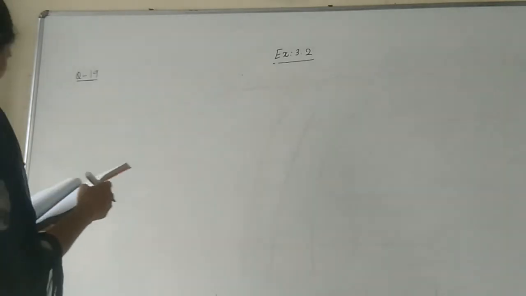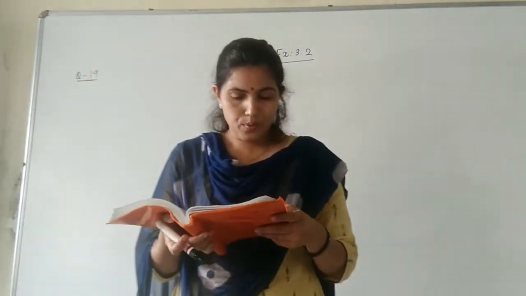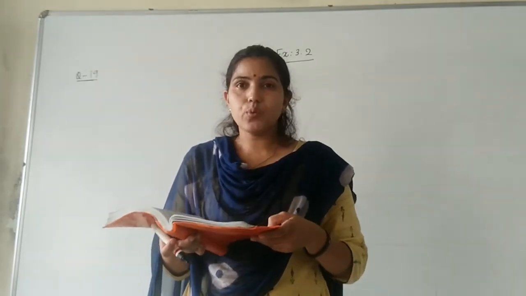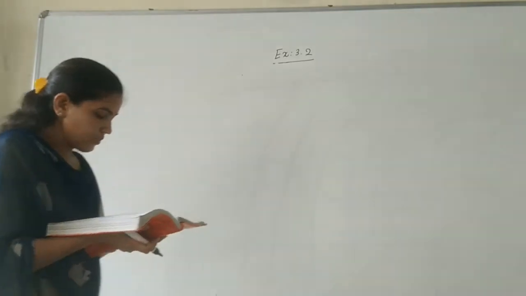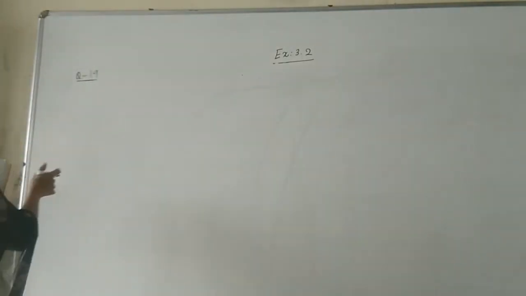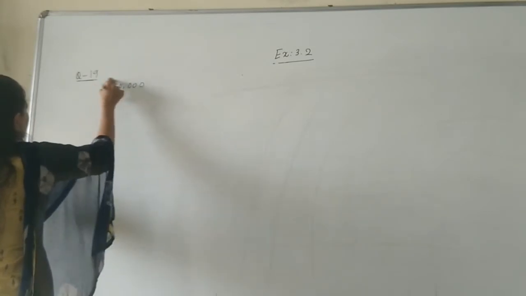Now students, we are going to solve question number 19 and 20, which are word problems. So let me see question number 19. You can see it in your textbook. Question number 19: a trust fund has a total of 30,000. Okay, this is the money.